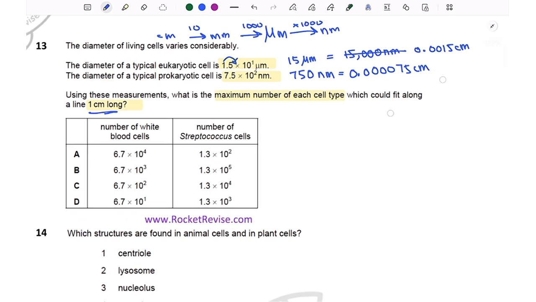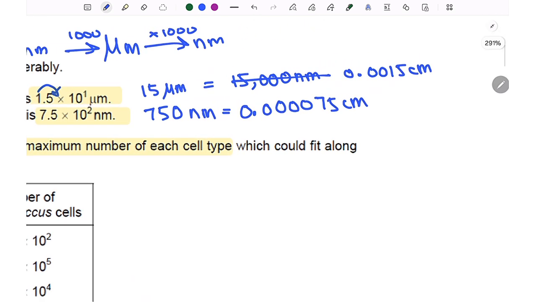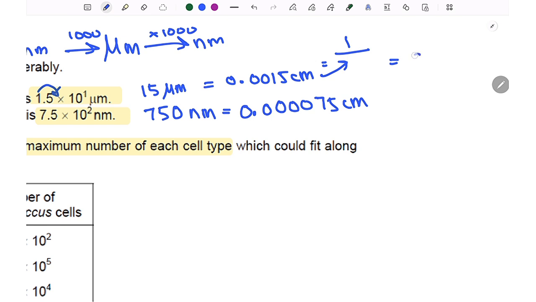Next thing is how many can fit in. So I will divide 1 by each of these values. So I'll have 1 divided by this. That's going to give me around, it should be like 666.